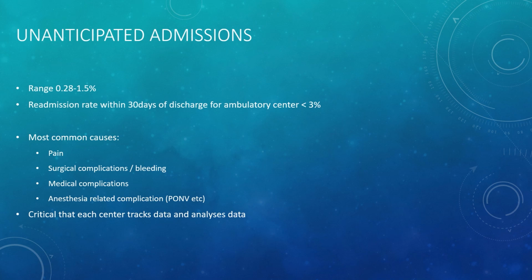The most common causes are uncontrolled pain, surgical complications including bleeding, medical complications such as exacerbation of CHF or COPD, and anesthesia-related complications, in which category PONV falls. Every center has to track and analyze the data and see where they can optimize the process if they fall outside that accepted range. It's part of their certification and licensing process.